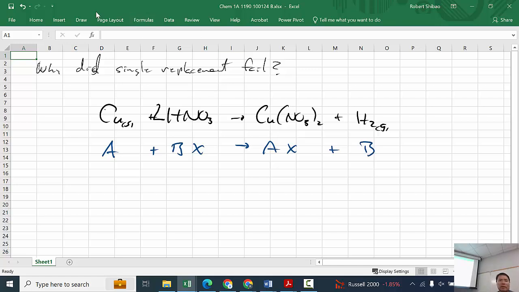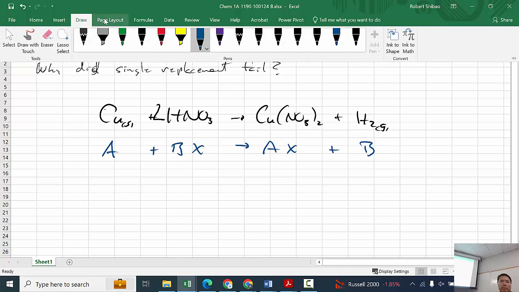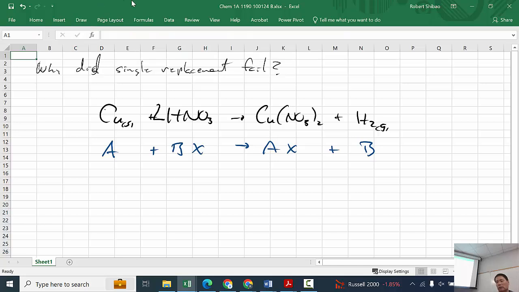The reason my single replacement failed is, let's say you're the director of the play, this play, and you're assigning roles. And so you call A the reducing agent. And you say B, you're going to be the oxidizing agent.